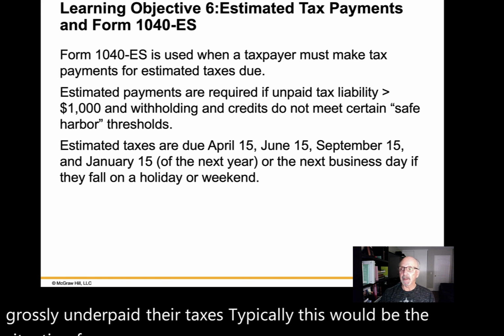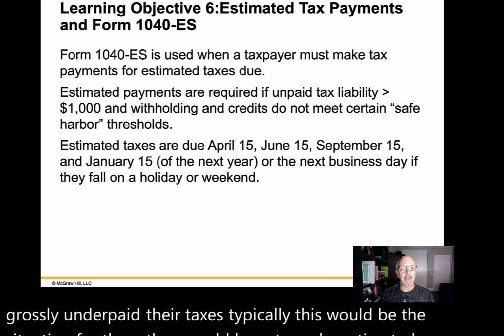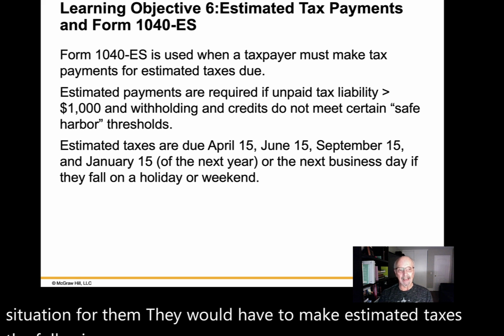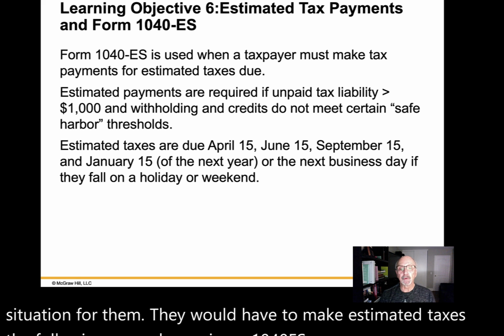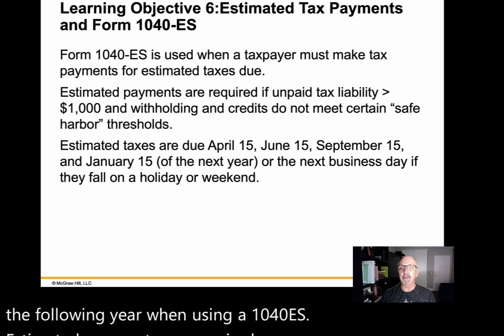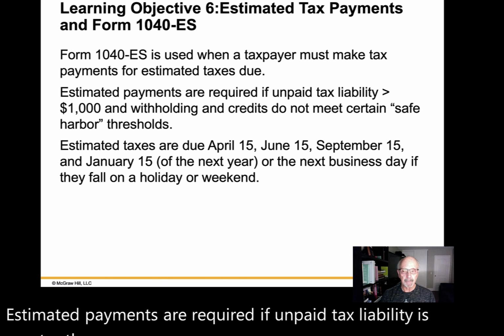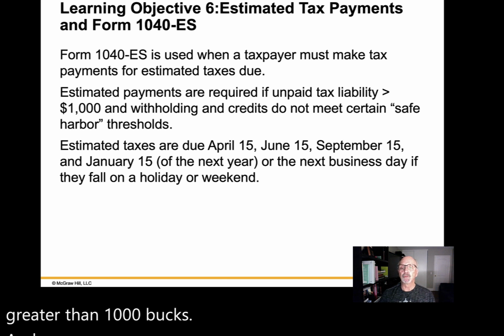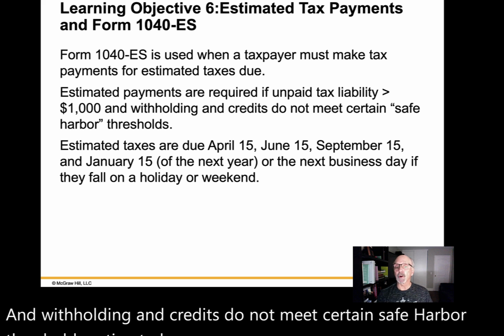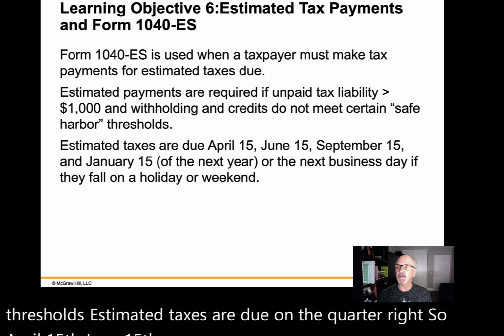They would have to make estimated taxes the following year, using a 1040-ES. Estimated payments are required if unpaid tax liability is greater than $1,000, and withholding and credits do not meet certain safe harbor thresholds. Estimated taxes are due on the quarter, right? So April 15th, June 15th, September 15th, and January 15th of the following year.